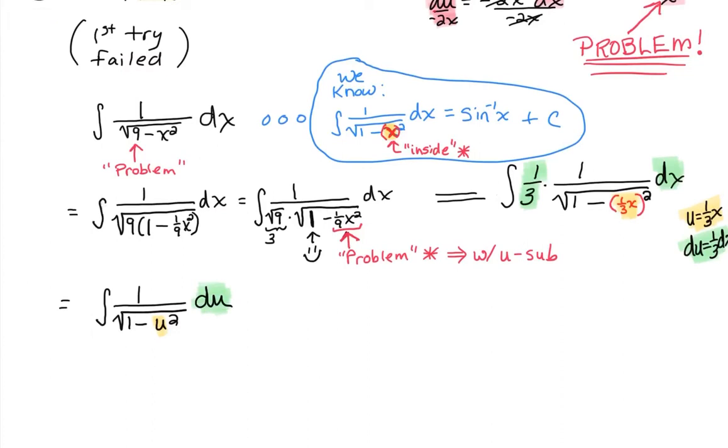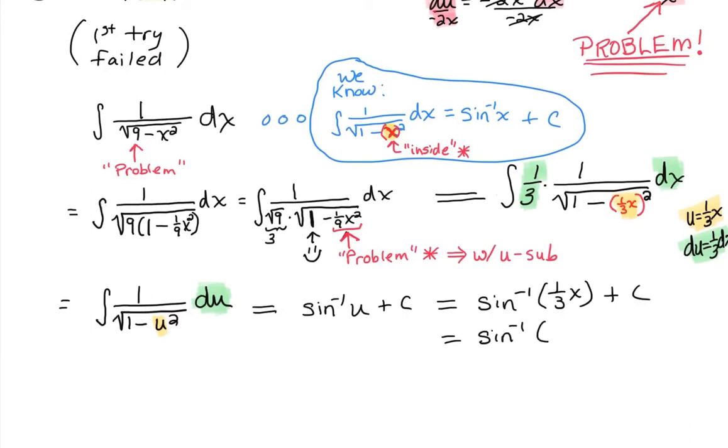Finally, we have something in a form where we can directly state this is equal to sine inverse of u, or arcsine if you prefer, plus c. And then our last step, of course, is to replace that u with what it was equal to, which was 1/3 x plus c, or you could write it as x over 3, whichever you prefer.